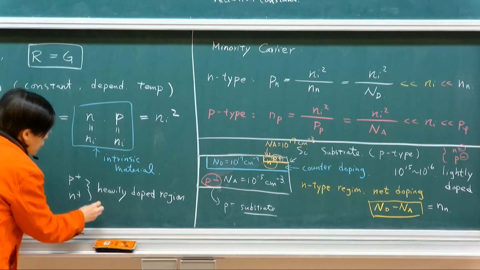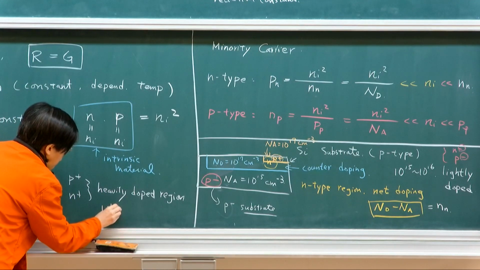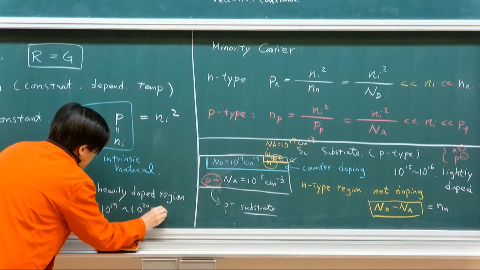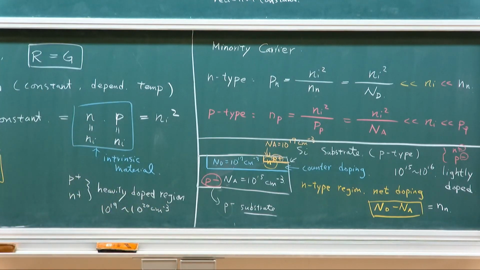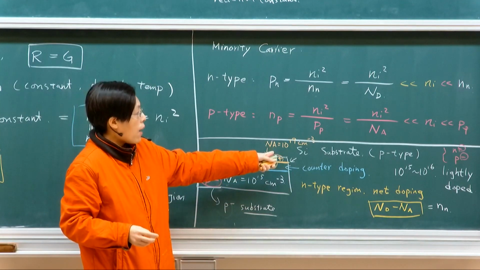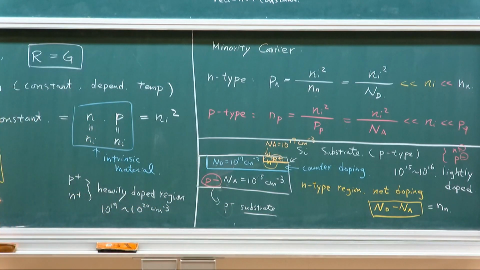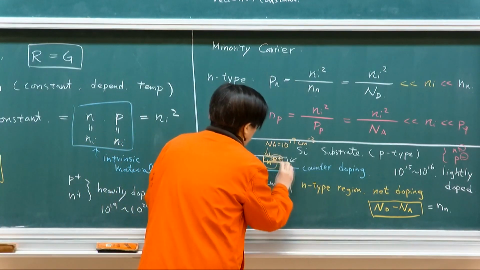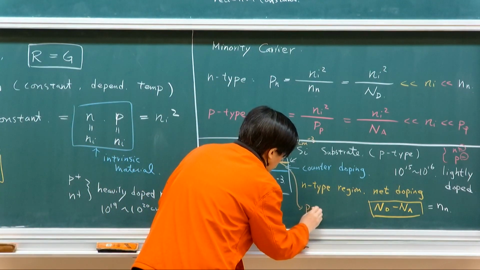So then it will be something close to 10 to the 19th to 10 to the 20th. I'm using the plus number. So I can also counter dope this region to an even higher doping P. And in this particular region, it will become p-type again.